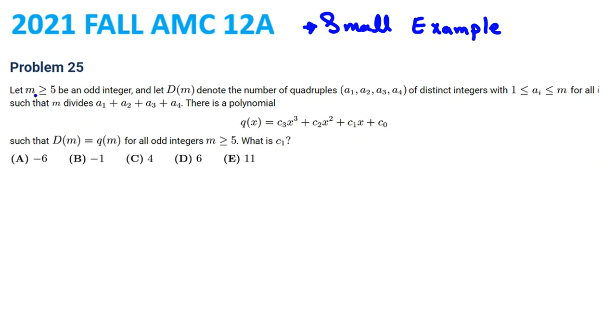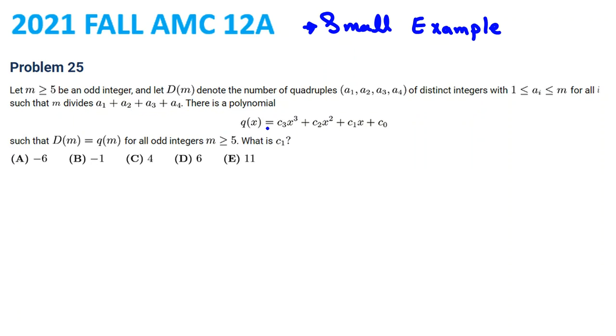Here, it says let m, at least 5, be an odd integer, and let dm denote the number of quadruples a1, a2, a3, a4 of distinct integers with ai from 1 to m for all i, such that m divides a1 plus a2 plus a3 plus a4.